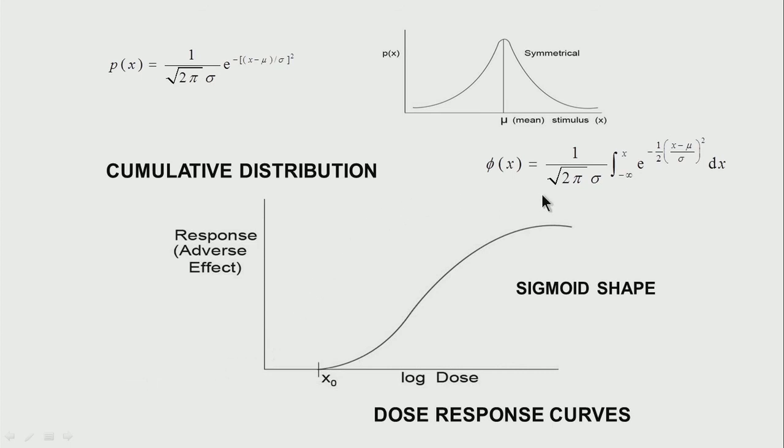The person starts getting affected when the dosage exceeds a value x, because below this, the threshold value is so small, nothing really happens. Therefore, the response or the adverse effect starts at a threshold value and keeps on increasing as the dosage increases. The shape of this curve is a sigmoid shape, and such curves which tell you how the effective parameter causes the response, or how many people are affected, are known as dose response curves.